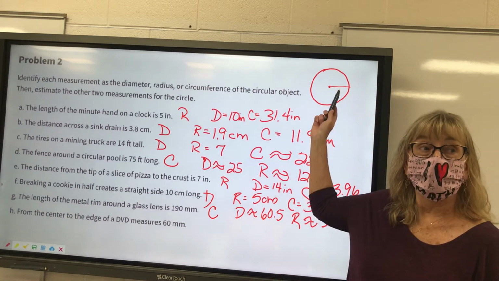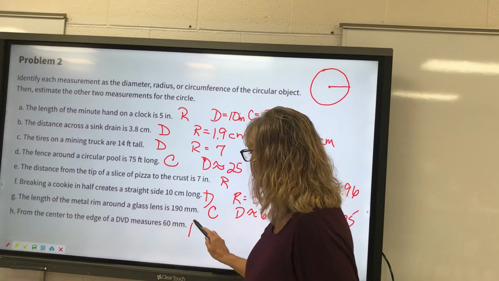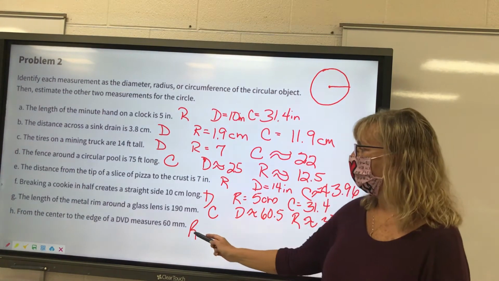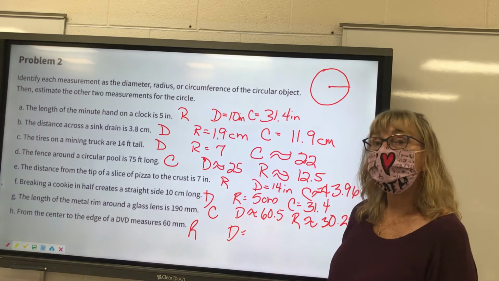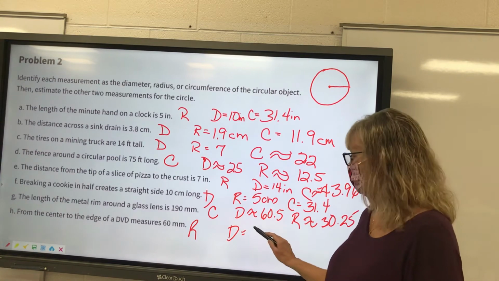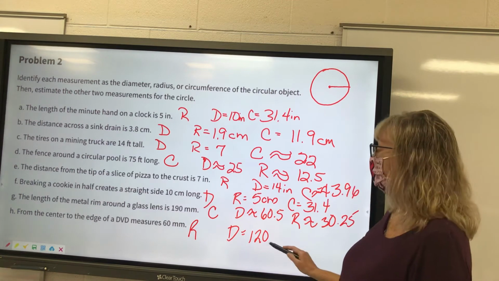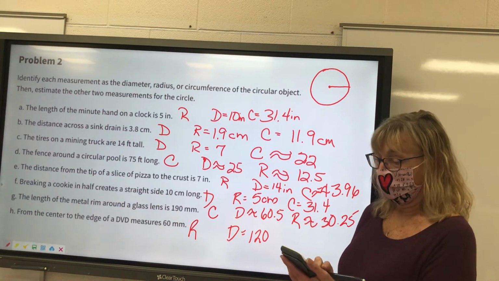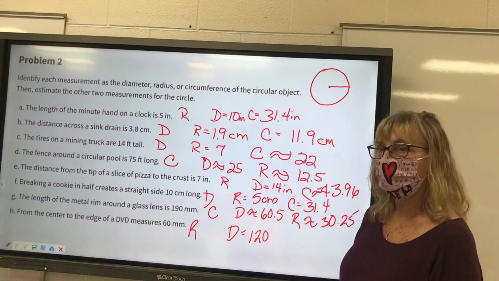Is that the diameter or the radius? The radius. Okay, if the radius is 60, what's the diameter? 120. Think about what it looks like. Okay, and then the circumference, we would multiply that by pi. It's going to be 370 something.